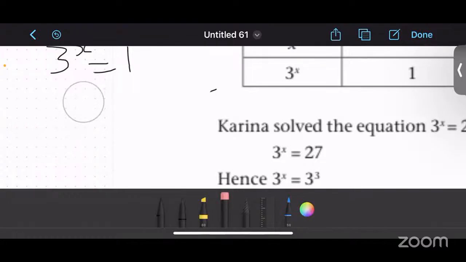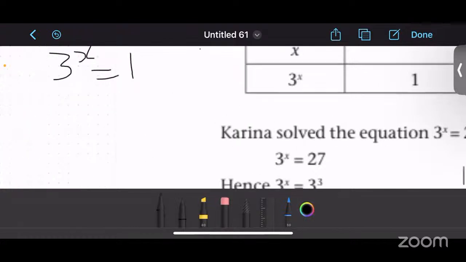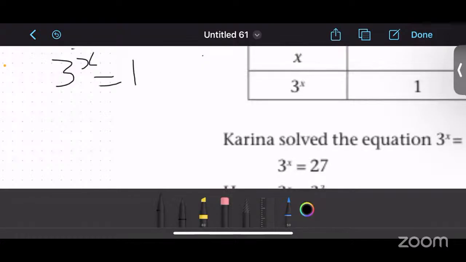Remember the other time when we were having a lesson, we said anything to the power of 0 is equal to 1. So we can have 3 to the power of x is equal to, because we want to have a 3, 3 to the power of 0, because 3 to the power of 0 is equal to 1.